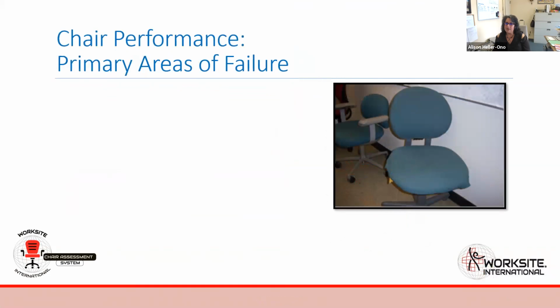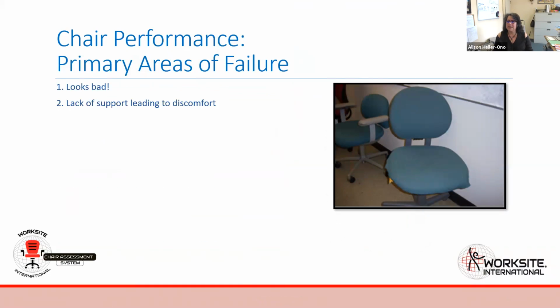So the primary areas of failure that I want you to be aware of is that it looks bad. If it looks bad, then it is bad, probably. But be mindful that the fabric and how a chair looks is important in the workplace. It's an important message as to what it says about how you value employees in the workplace.